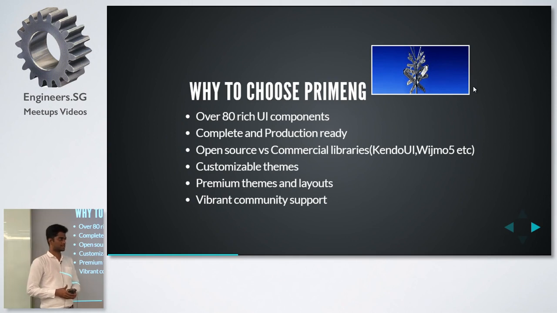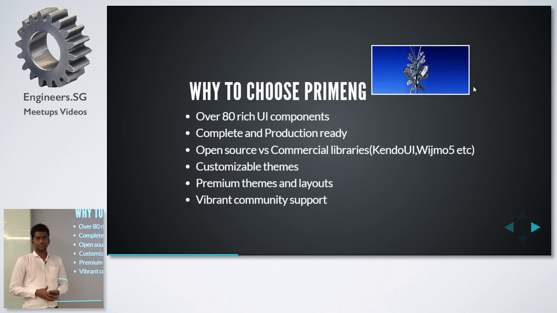If you compare with other component libraries, you might see maybe 10, 20 like that. And if you want to use some other components, you need to go to some other component library. And all these components are open sourced, unlike some component libraries like Kendo UI and Wijmo, where you have to pay $900 per developer license, right?